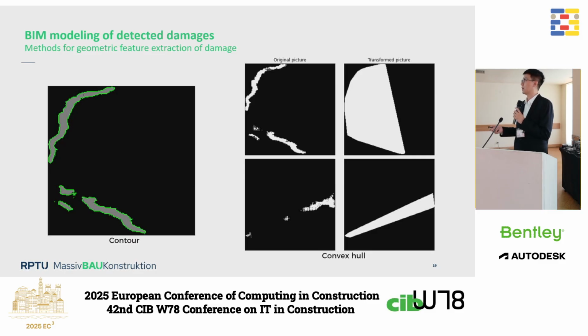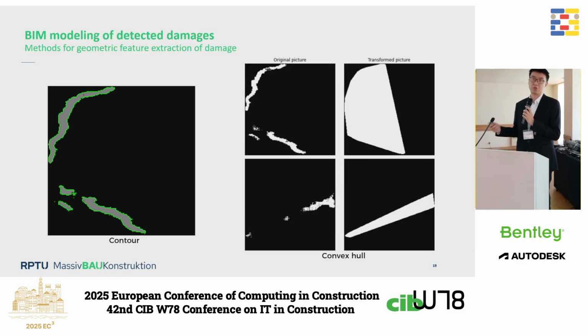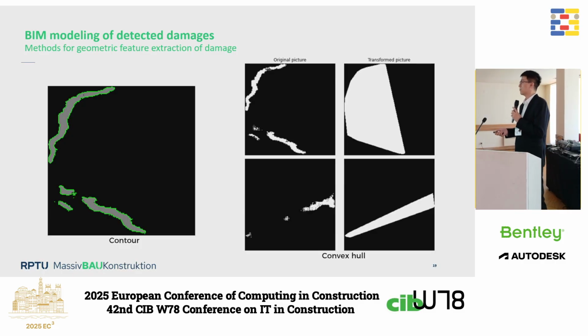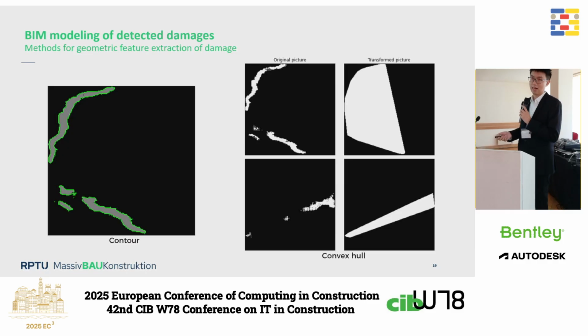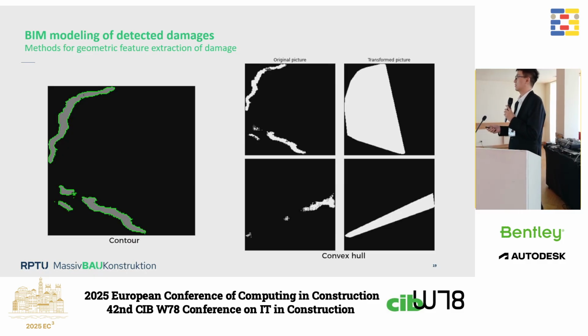This means we will get many contours, and each contour will contain many contour points, which is not good for reconstructing this damage in the BIM model. So we also tried another method, the convex hull. You can see the convex hull has even worse results.